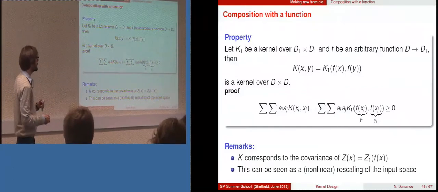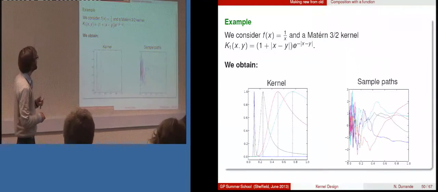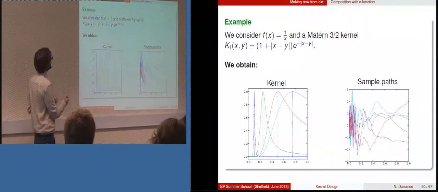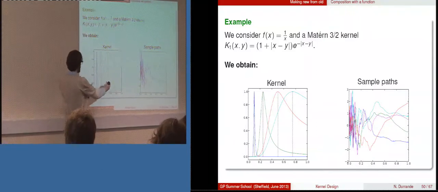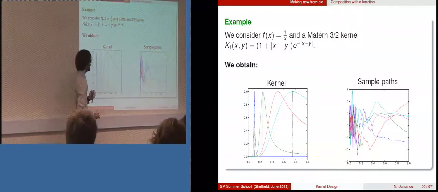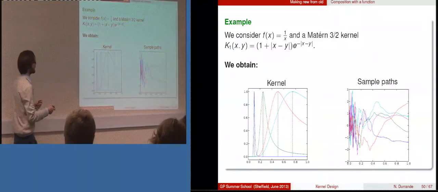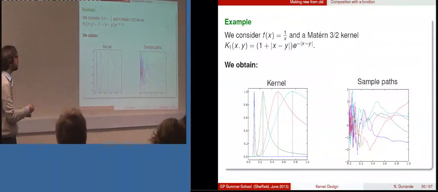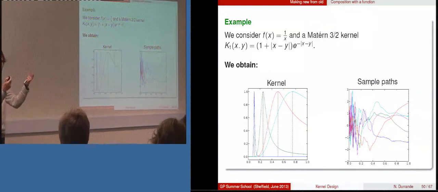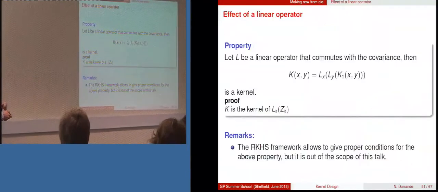This corresponds to a rescaling of the input space, because the f of x will make a contraction of the space in this area and will expand the space in this area. So we can make some very non-stationary kernels just by introducing this transformation of the input space.